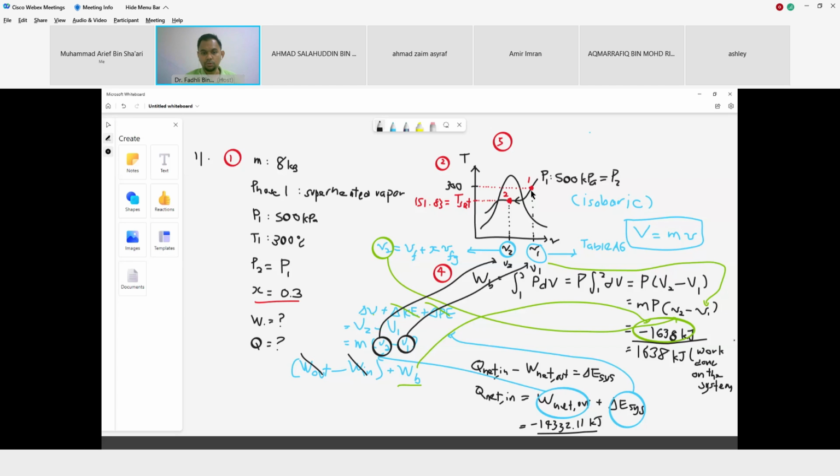So we have to use the equations, then look at table A6 as well. Ada apa-apa soalan? Siapa yang tak faham?